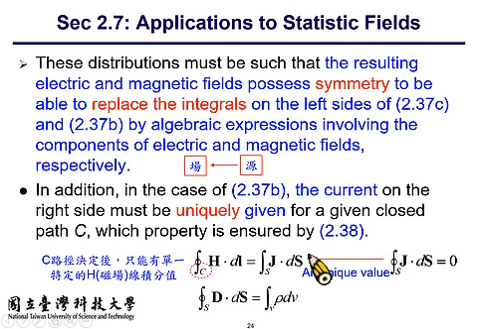example. And a further observation from this result is that if you form a closed loop, then under the static field assumption, the total current leaving or entering this closed surface must equal to 0.